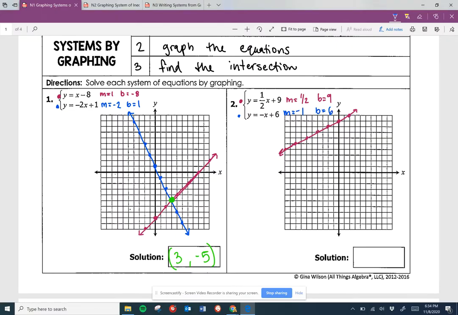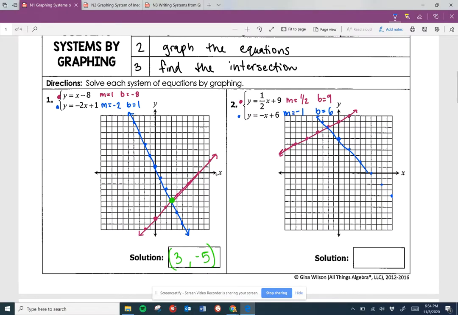So our second line looks like this on the graph. Again, I'm going to make my solution here in green. This is the point where the two lines intersect, so that is where my solution is. In this case, that is -2, 8.